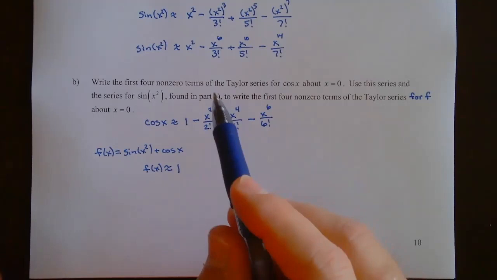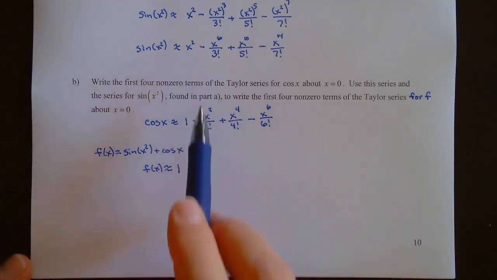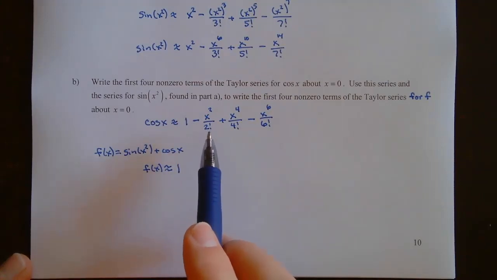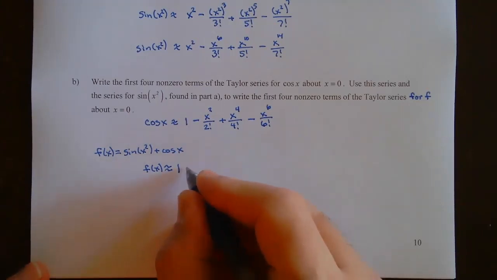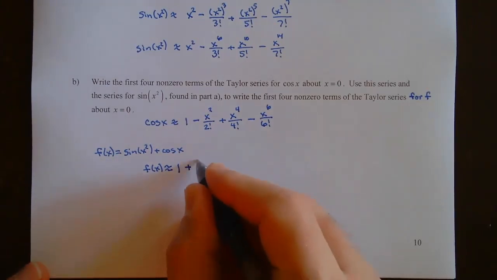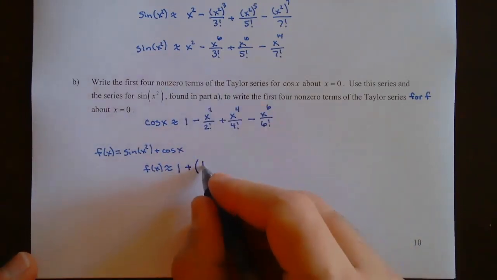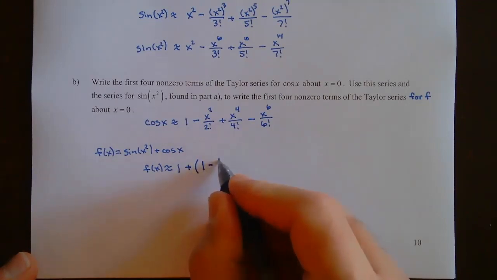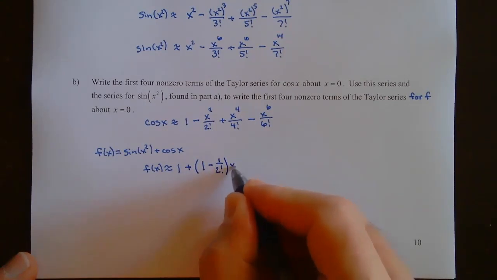And then we need x squared. Sine of x squared has 1 x squared, and cosine x has a negative x squared over 2 factorial. So we're going to add these two coefficients. So it's going to be 1, and this one's negative, so negative 1 over 2 factorial, times x squared.